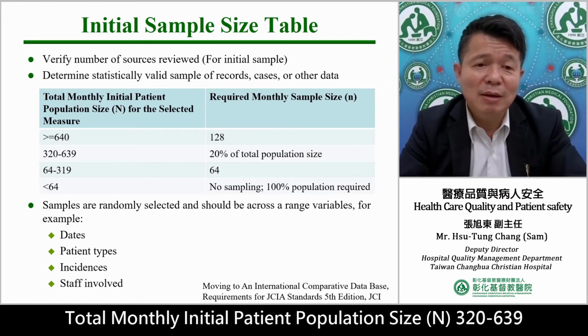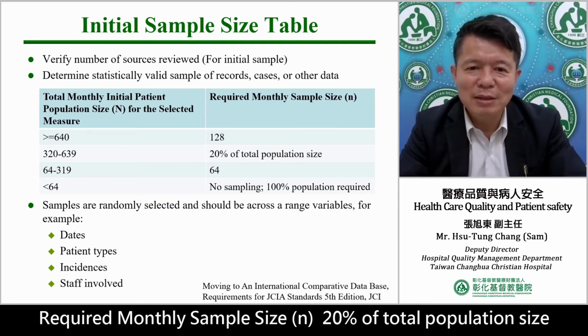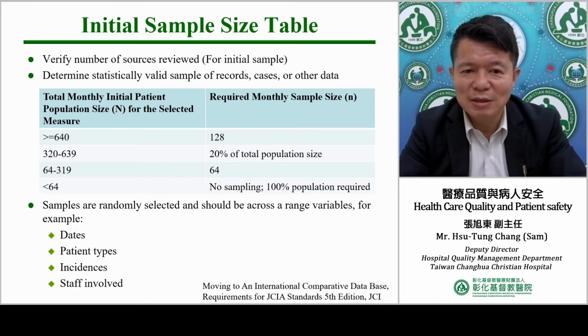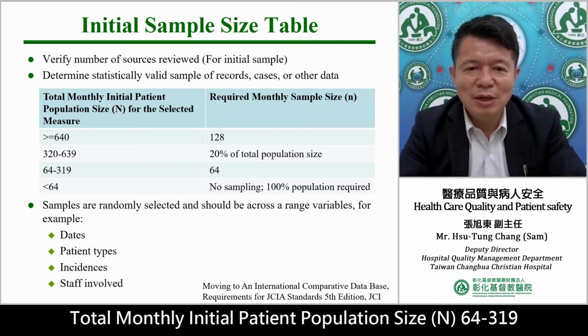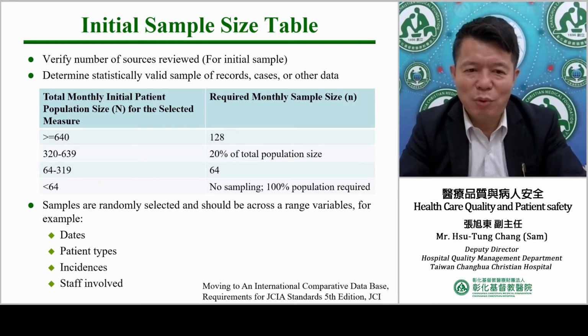128. Total monthly initial patient population size 320 to 639: required monthly sample size recommended is 20% of total population size. Total monthly initial patient population size 64 to 319: required monthly sample size 64.